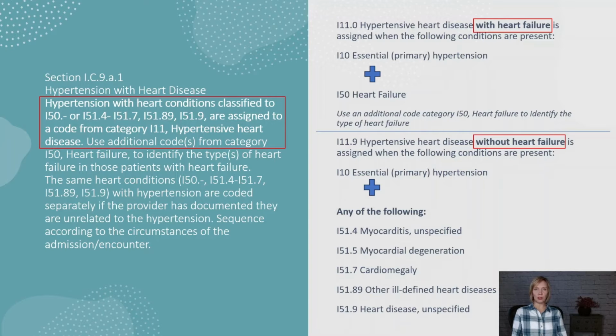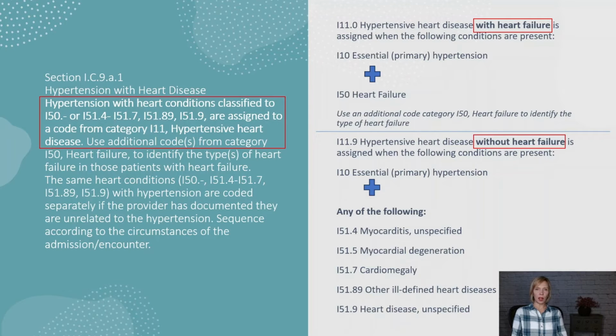Whenever hypertension is present along with any of the conditions classified to the codes listed in the guideline, and no other cause has been specified, the code for hypertensive heart disease should be assigned. This is an assumed link in the absence of any other documented cause. However, if the provider specifies a different cause, the condition should be coded separately and not linked to hypertension.